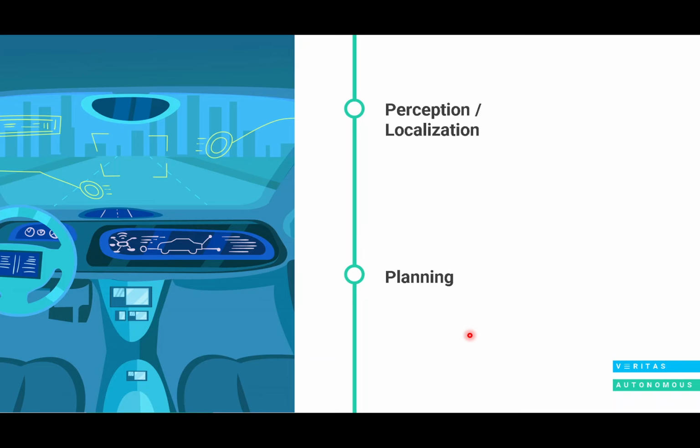Now we go to the planning suite, and what it does is it plans what the car should be doing in the next step, or next 10 steps, or next 100 steps. The actions it should take are decided through the planning module.